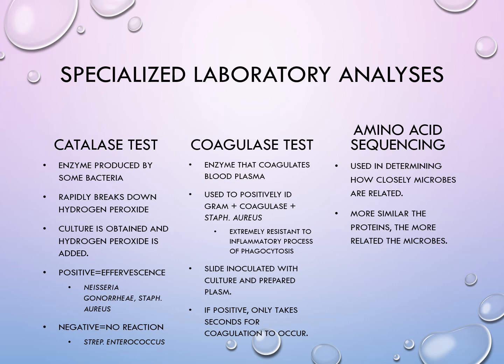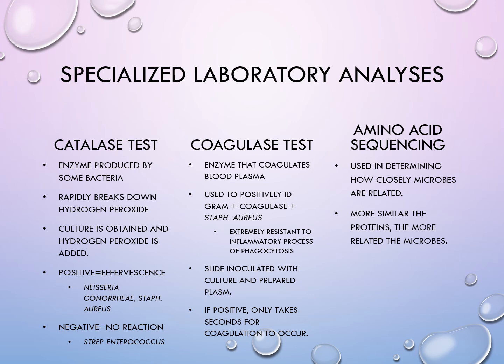Okay, so it's typically used to identify gram-positive, coagulase-positive Staph aureus, and this bacteria is extremely resistant to the inflammatory process of phagocytosis. So they're going to take this bacteria and put some on a slide. They're going to inoculate the slide with a culture and the prepared plasma, and they are going to wait and see if coagulation occurs. If it does, then the test is positive.